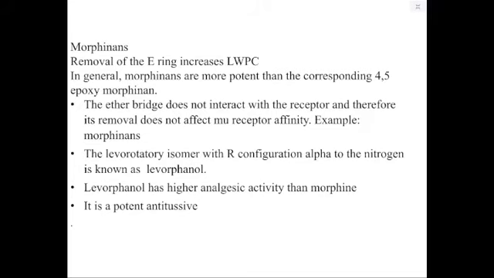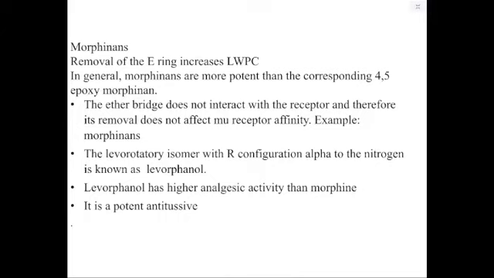Removal of the E ring increases the lipid water partition coefficient. In general, the morphine analogs are the corresponding 4,5 epoxy morphinans. When we say 4,5 epoxy, it is adding the E ring. And then because we have already given the morphinan a name, we can call them derivatives of morphinan.